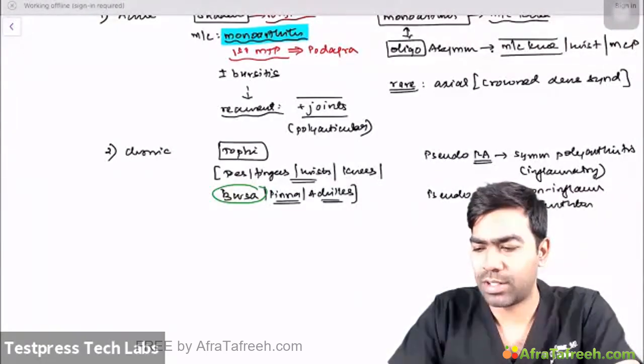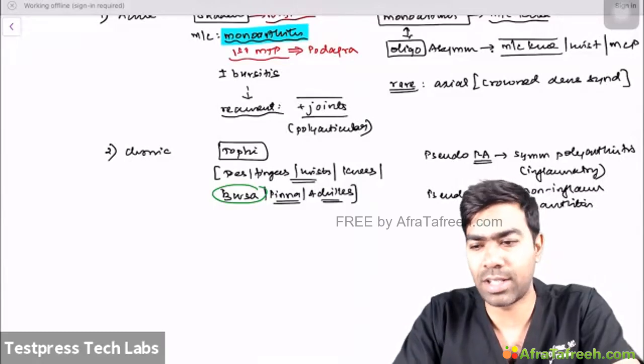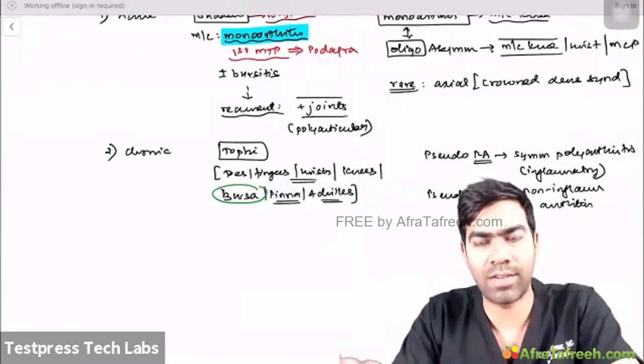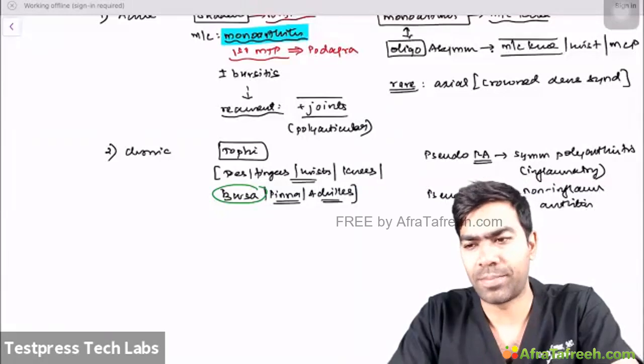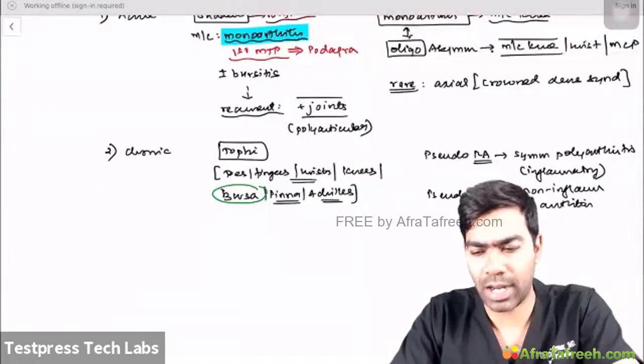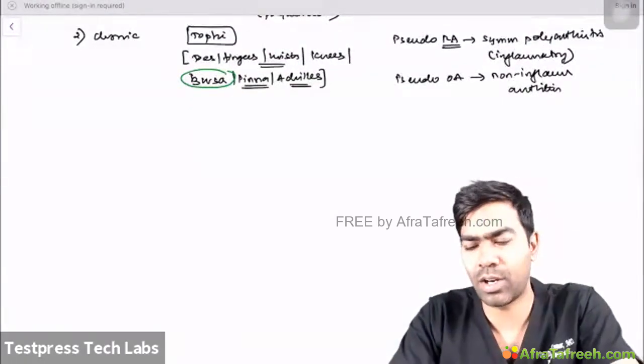That is why I told you, whenever you diagnose a seronegative rheumatoid arthritis, there are so many other diagnoses to consider. Only after you have ruled out all those things can you put the diagnosis as seronegative rheumatoid arthritis. But don't put the diagnosis. That's a very bad diagnosis. I don't really think there is anything called seronegative rheumatoid arthritis, which means there are a lot of things you are missing.